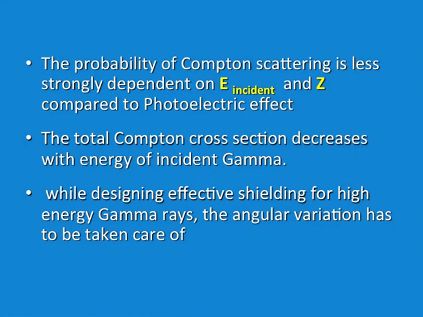In the photoelectric effect, it depends upon the incident gamma energy and the atomic number, whereas in the case of Compton scattering, the probability is less strongly dependent on E incident or Z. The total Compton cross section decreases with the energy of the incident gamma ray. While designing effective shielding for high energy gamma rays, the angular variation has to be taken care of.